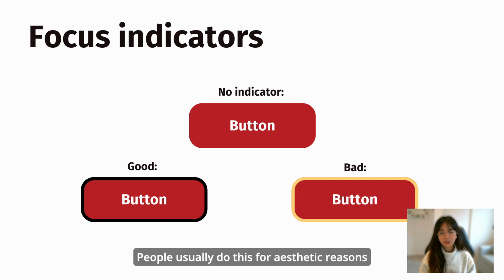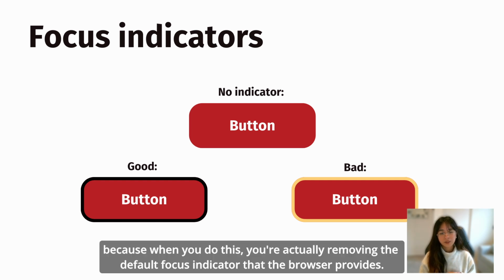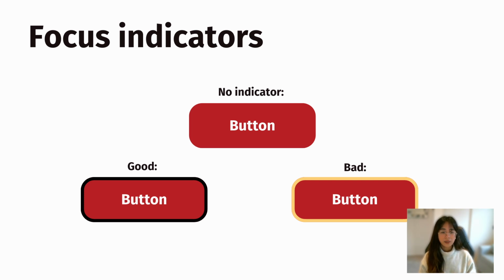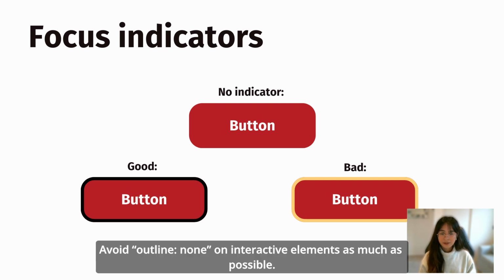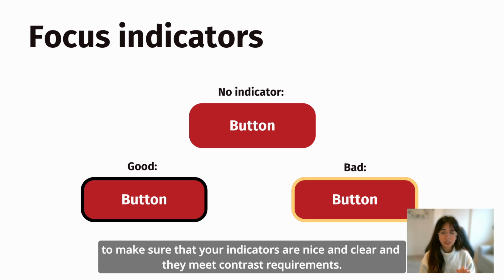People usually do this for aesthetic reasons, but it's a huge problem for disabled users because when you do this, you're actually removing the default focus indicator that the browser provides. So avoid outline: none on interactive elements as much as possible. Typically, you'd want to provide your own custom focus to your website to make sure that your indicators are nice and clear and they meet contrast requirements.